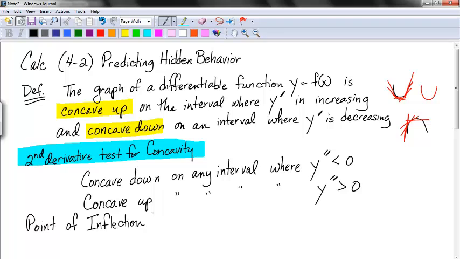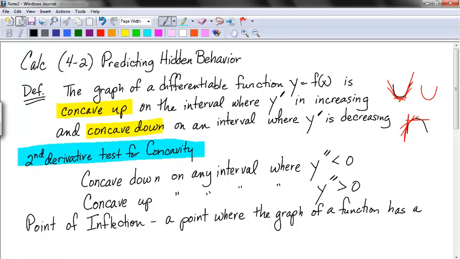The point of inflection, okay, is a point where the graph of a function has a tangent line and the concavity changes.